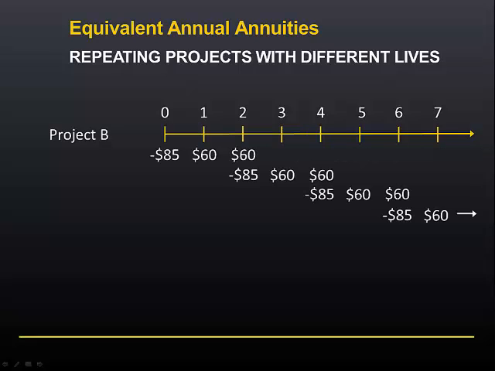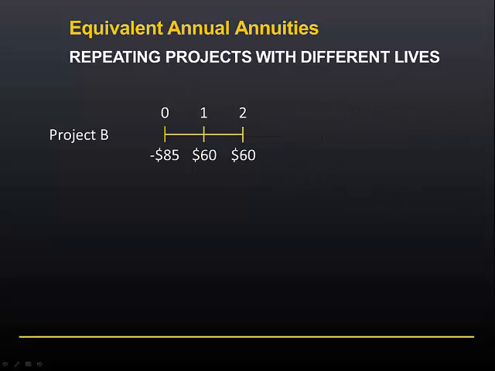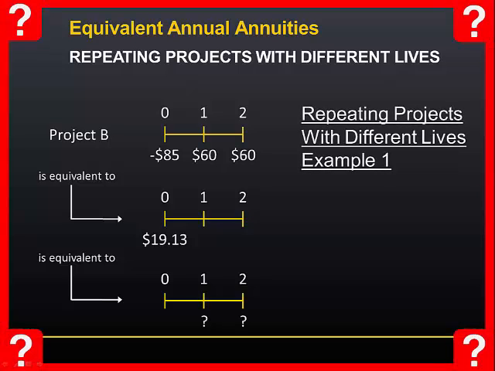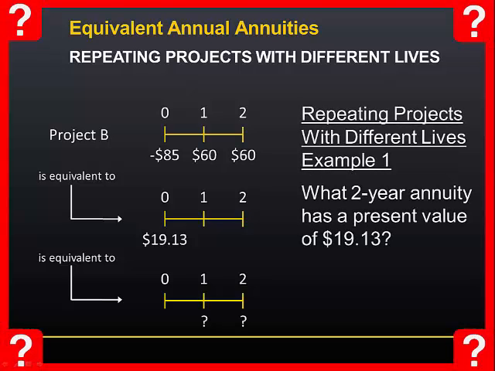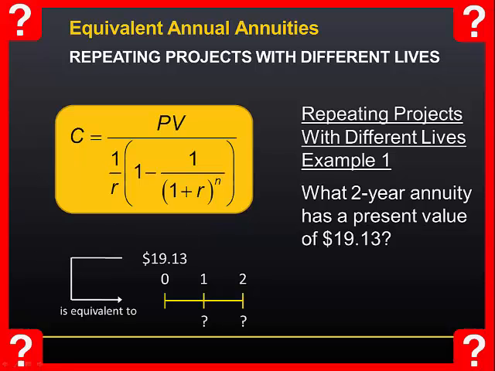Let's go through the same process with Project B. These cash flows are equivalent to a single cash flow of $19.13 in year 0. We need to work out what 2-year annuity also has a present value of $19.13. Again, we'll use this formula.